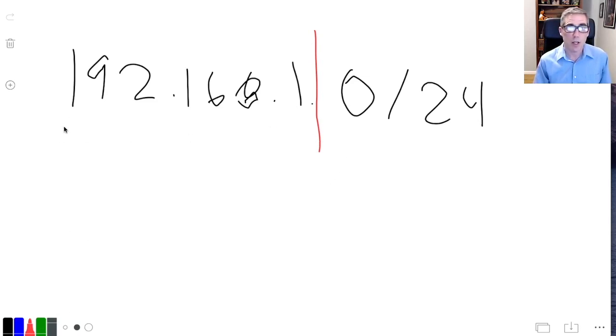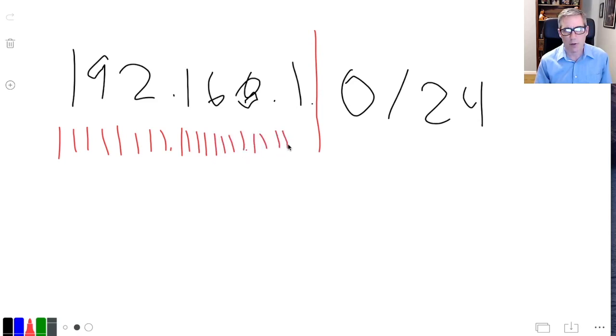That's because the subnet mask is 24 bits long, and that means 1, 2, 3, 4, 5, 6, 7, 8. 1, 2, 3, 4, 5, 6, 7, 8. There's our subnet mask written out in binary.